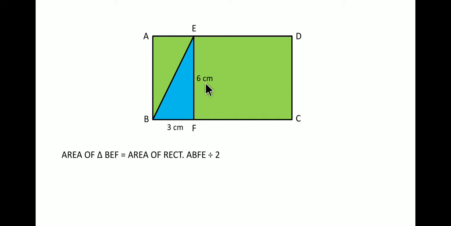Then like previously, the area of the triangle is 6 into 3 divided by 2. So 6 into 3 gives us 18, divided by 2, and 18 divided by 2 is 9 centimeter squared. That means the area of triangle BFE is equal to 9 centimeter squared. So this is how we found the area yesterday. The same technique is applied over here.